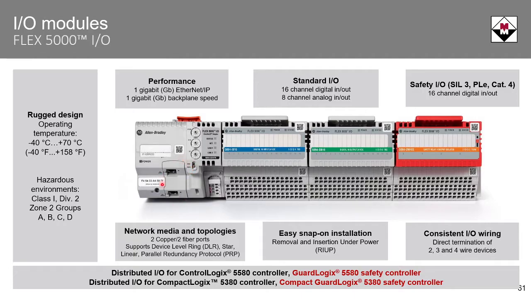You select the Ethernet adapter based on the desired copper or fiber media you would like and how many I/O modules you would like to attach to the adapter, up to 8 or up to 16. Just like the 1794 series, this Flex 5000 can be mounted both horizontally and vertically.